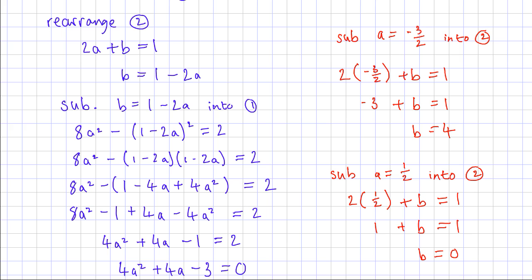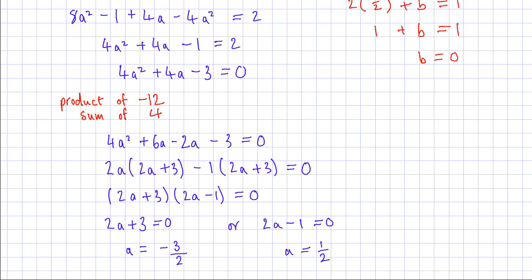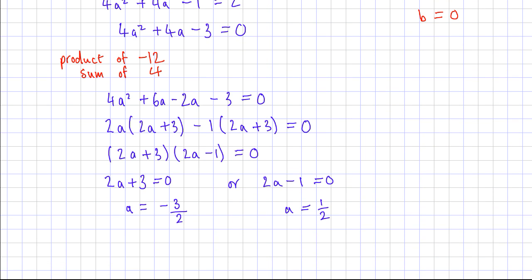So when a is equal to minus 3 over 2, b is equal to 4. And when a is equal to a half, b is equal to 0. So I'm just going to write that where I have my other solution. So when a is equal to minus 3 over 2, we found that b is equal to 4. And when a is equal to a half, we found that b is equal to 0. So I have my values here and my values there.